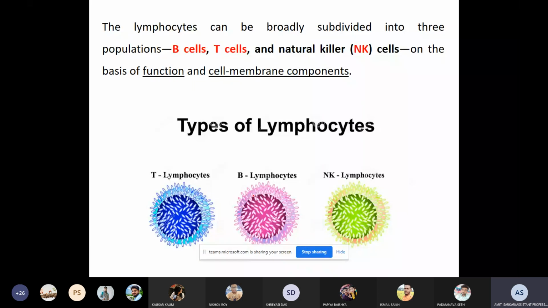So B lymphocyte, also known as B cell, T lymphocyte, also known as T cell, and natural killer cell or natural killer lymphocyte or NK cell, as we say colloquially. Now the question is how you distinguish these cells. What is the criteria to be a B cell, a T cell, and a natural killer cell? The main thing is, of course, their function.